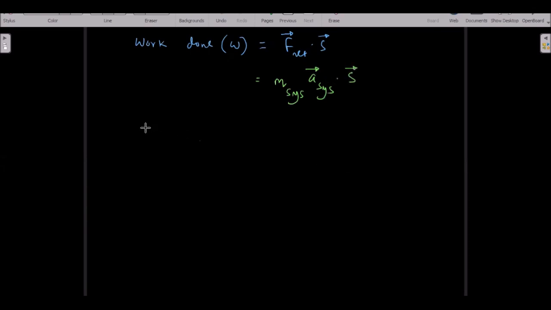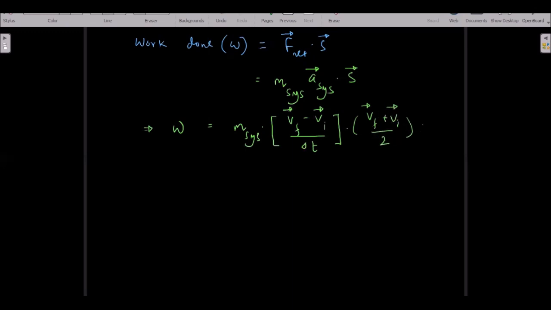So W is equal to M system into A system, which you already got: Vf vector minus Vi vector divided by delta t. S vector, we got: Vf vector plus Vi vector divided by 2 into delta t. All right, so delta t will be cancelled.